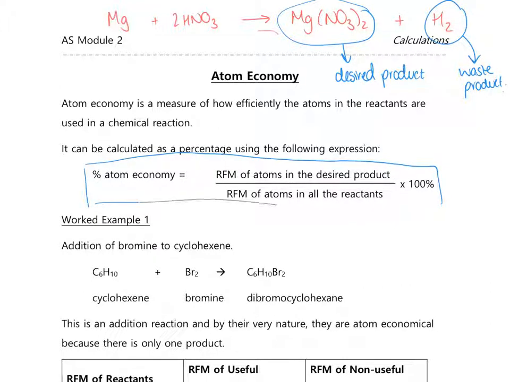Percentage atom economy is the RFM of the atoms in the desired product over the RFM of the atoms in all the reactants.